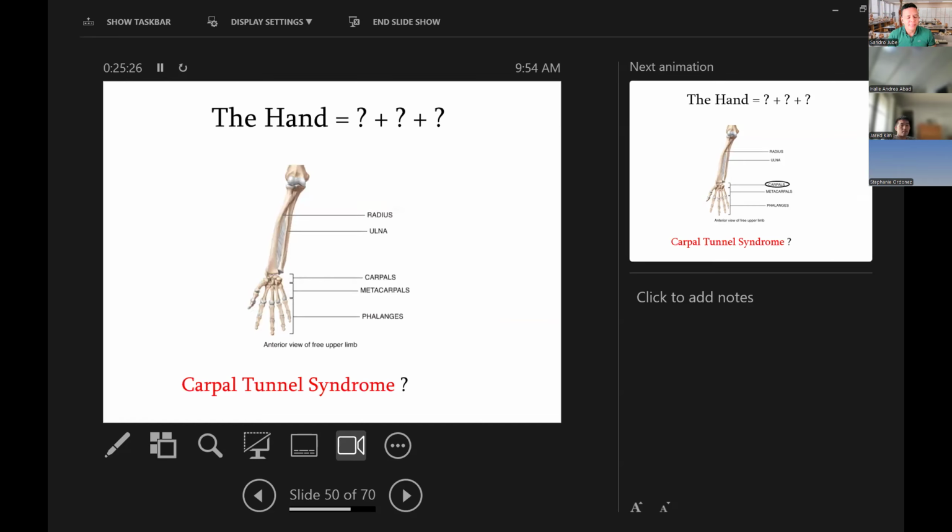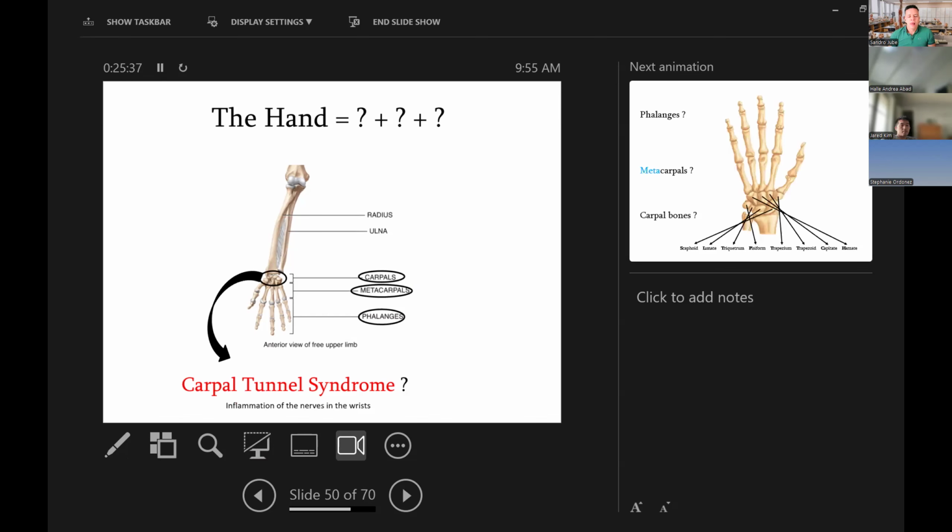Taking a look at the hands now, and the hands again are made of the carpals, the metacarpals, and the phalanges. And you might have heard of a condition called carpal tunnel syndrome. What is carpal tunnel syndrome? Carpal tunnel syndrome is when we have inflammation of nerves that run right through our wrist.